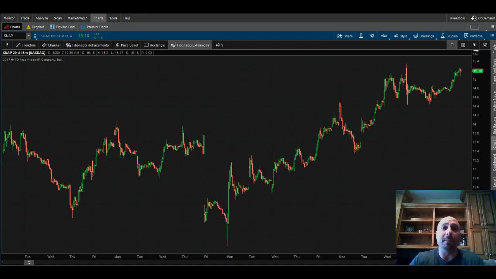So I like to, because the 100% move is always going to be the most accurate, and I would say 70% it'll pause at the 127, about 85 at the 161.8, and usually about 95 to almost 98% it'll stop and pause. Sometimes it'll come up a little short, sometimes it'll go a little farther, but those are the best trades, okay? So I hope you like that.